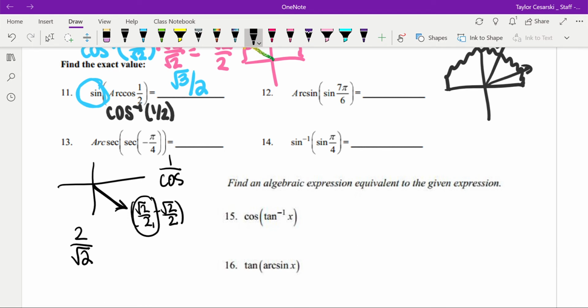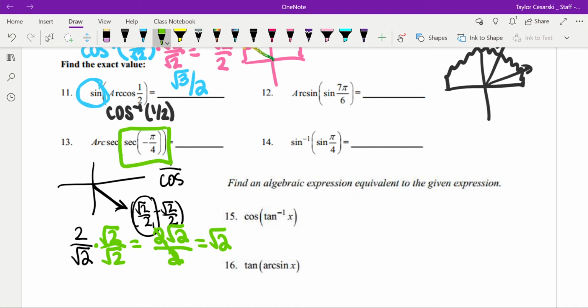Let's rationalize that and make it a little bit cleaner. Times square root of 2 over 2. So I get 2 square root 2 over 2. I can cross these out and I get the square root of 2. So this part on the inside equals the square root of 2.